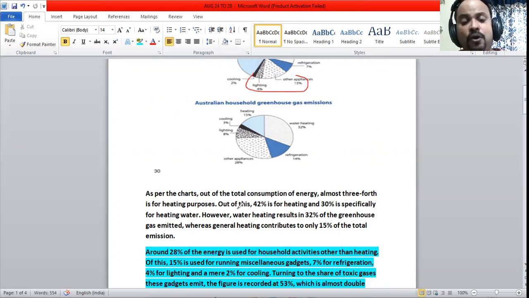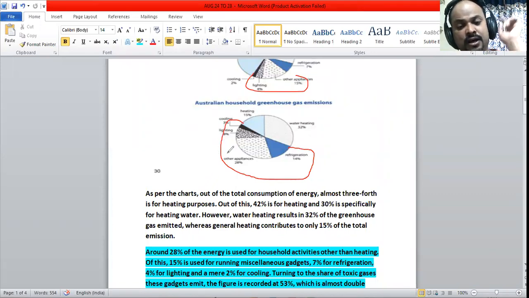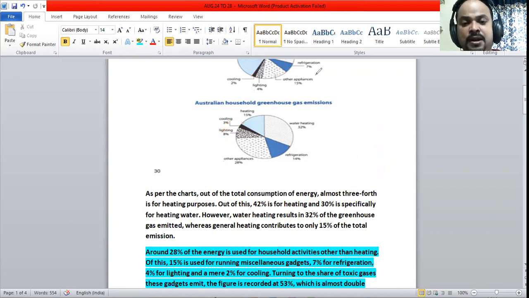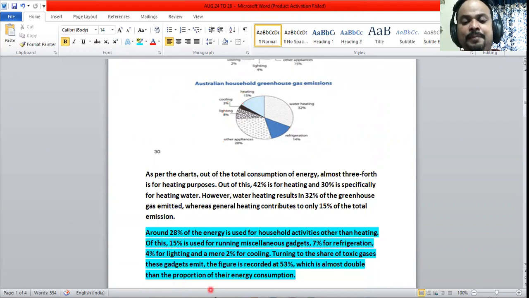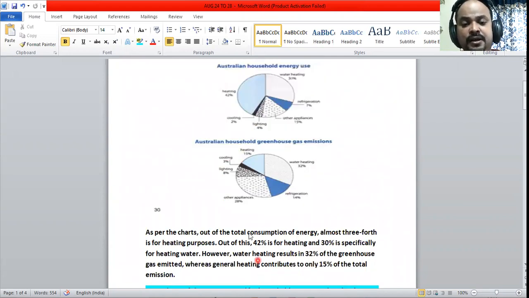Turning to the share of toxic gases these gadgets emit. This is the share of greenhouse gases from cooling gadgets, lighting gadgets, other appliances, refrigerators. The figure is recorded at 53%, which is almost double their proportion of energy consumption.